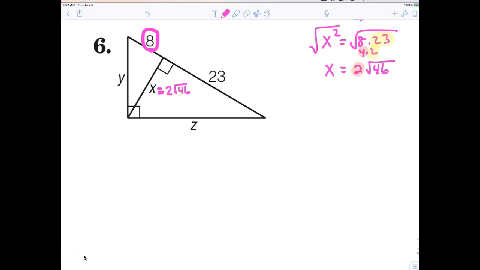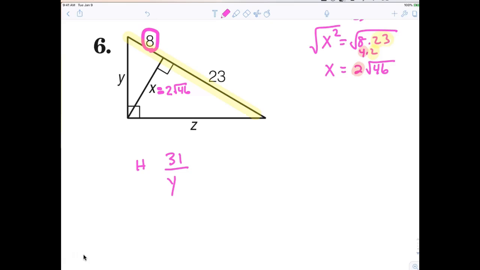Okay, so now I want you to be able to see that this length right here is how long? 31, right? So I want to do 31 over y. Now 31 is called the what?